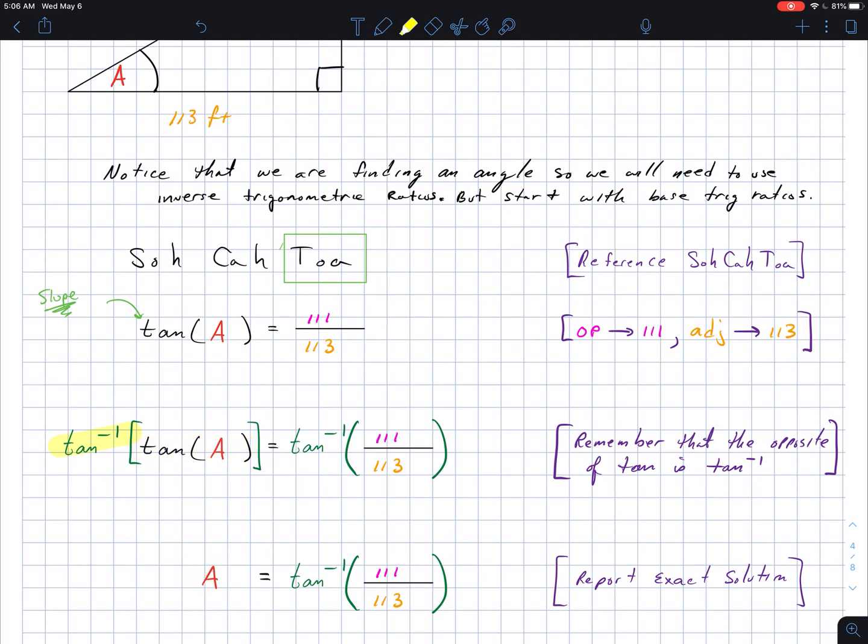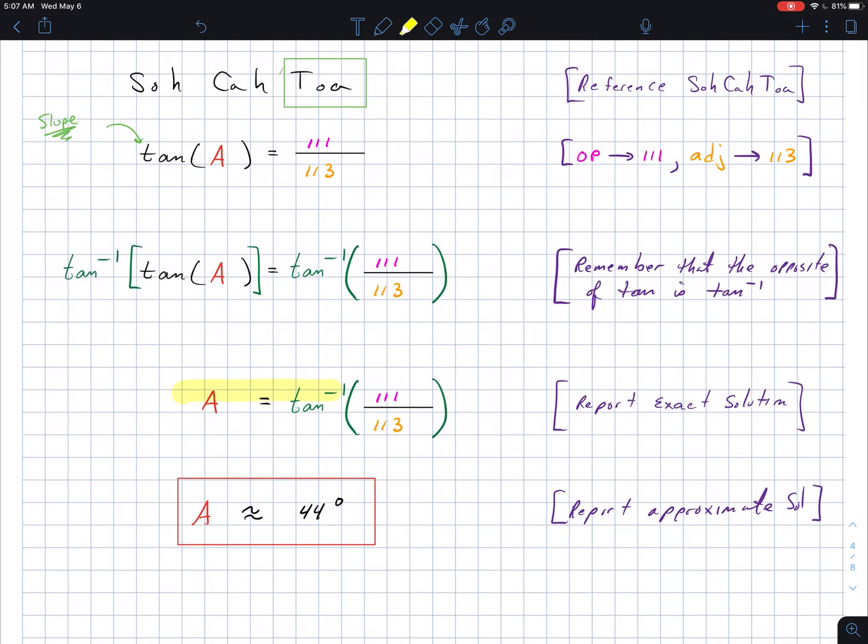And that's the point. So if I do one thing to one side, I've got to do it to the other. So here is the exact solution, which it doesn't ask for, but that's the exact solution. And I've even done the approximation out.